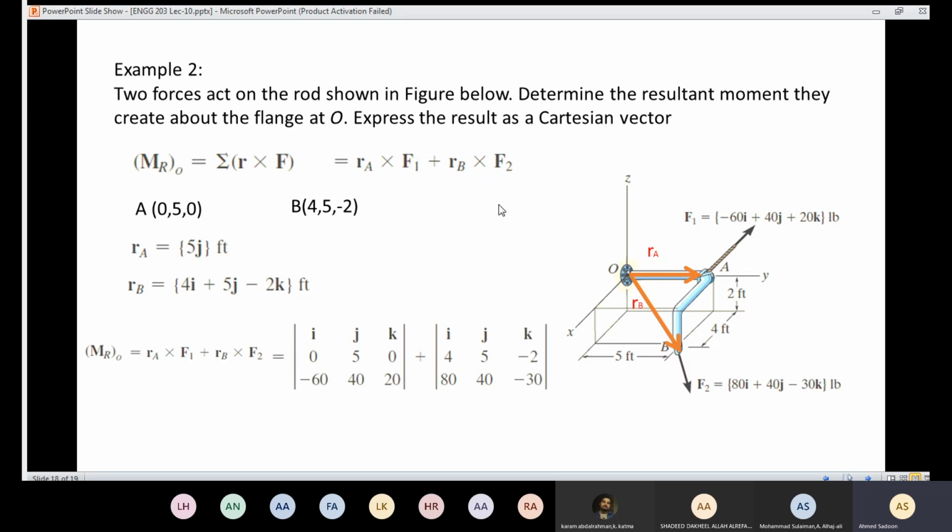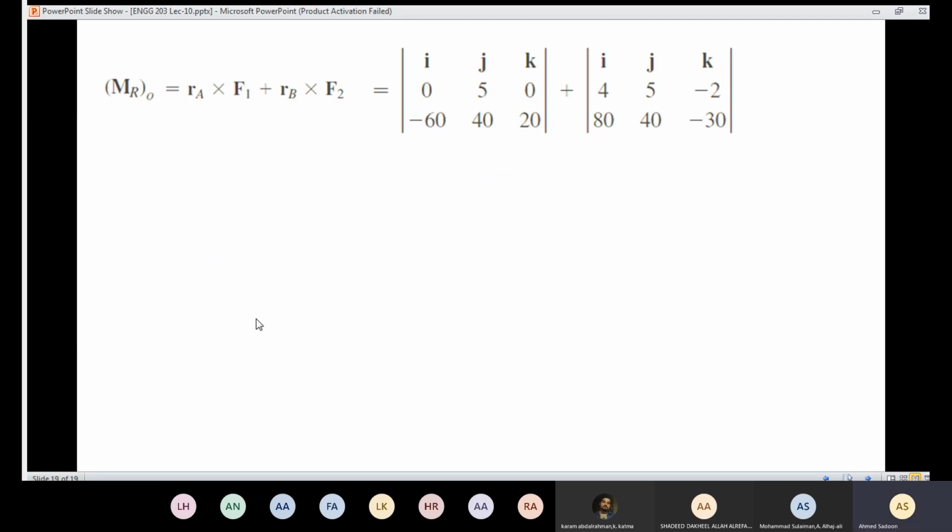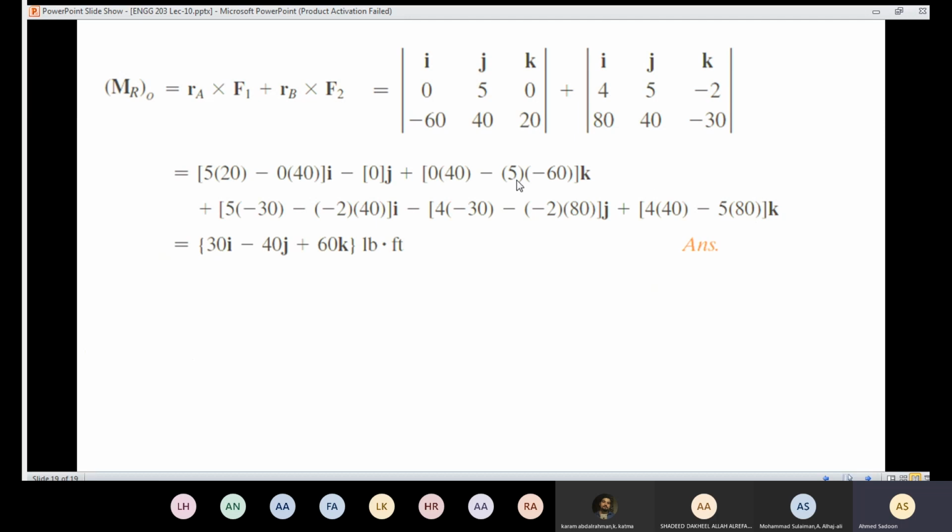Here I'm going to put F2, which is 80, 40, and -30. Then I'm going to get the determinant for that part and the determinant for that part. So we expressed them as determinants. And if you evaluate the determinants for that part and that part, you are going to find out that the resultant moment equals 30i minus 40j plus 60k.